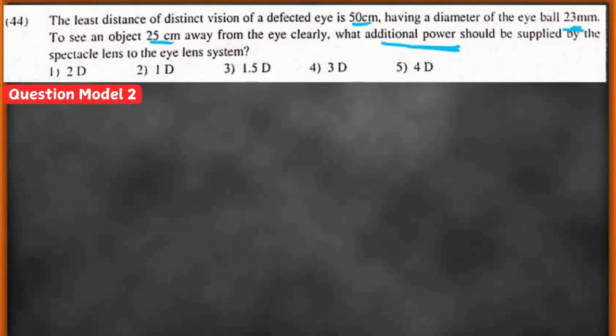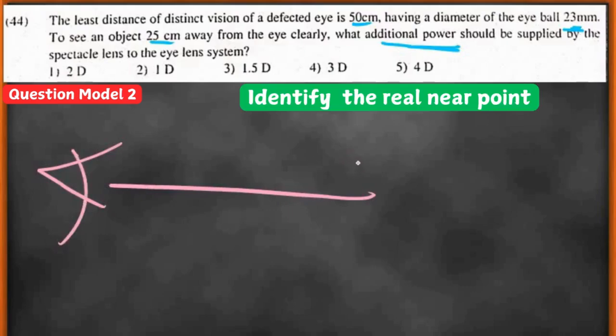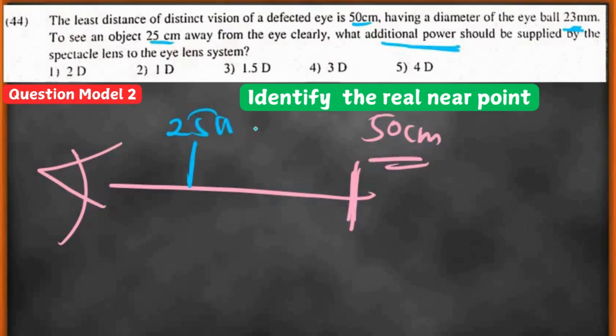So what's the normal method we did? Basically we need to identify the real near point. So the real near point is 50 centimeters. The least distance of distinct vision of the defective eye is 50 centimeters. So we need to see the object clearly at 25 centimeters. So what we have to do is create an image of this object at 50 centimeters.